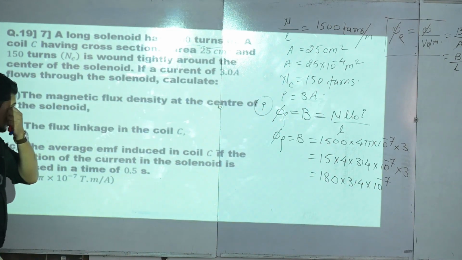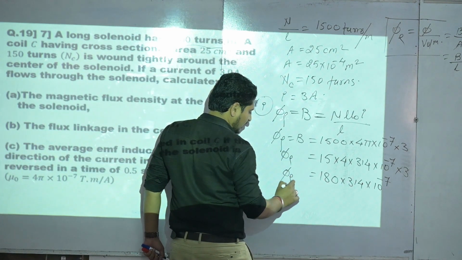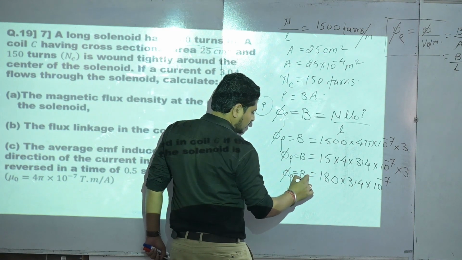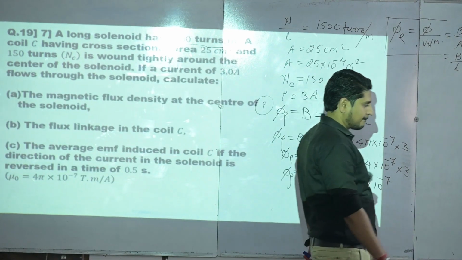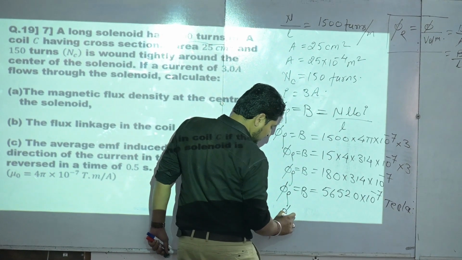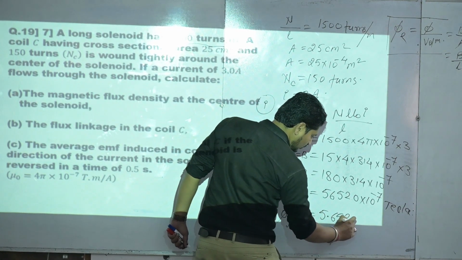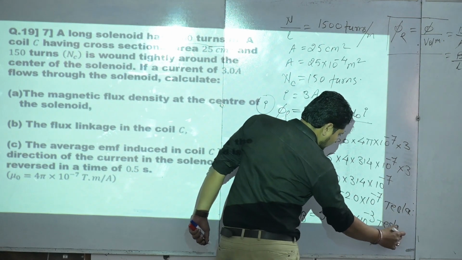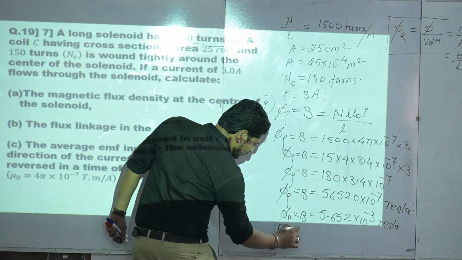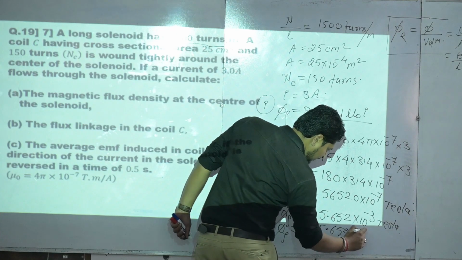The final calculation: phi rho equals B, if I shift the point, is 5.652 into 10 to the power minus 3 tesla. Written in complete form, phi suffix rho equals B, which is nothing but 5.652 millitesla.